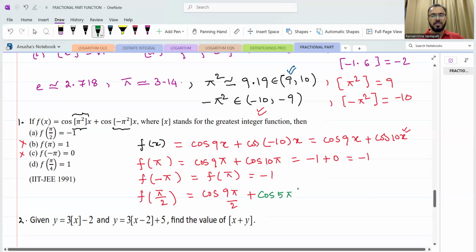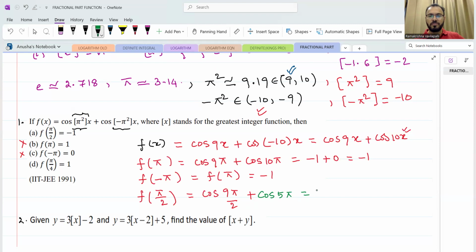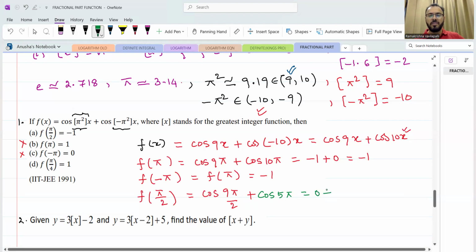Cos of odd multiple of pi by 2 is 0. Cos of odd multiple of pi is minus 1. So this is equal to minus 1. So therefore option A is true.